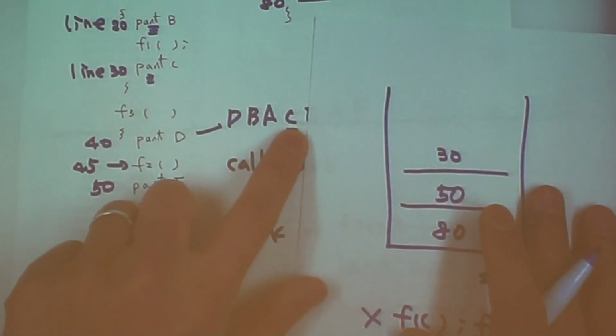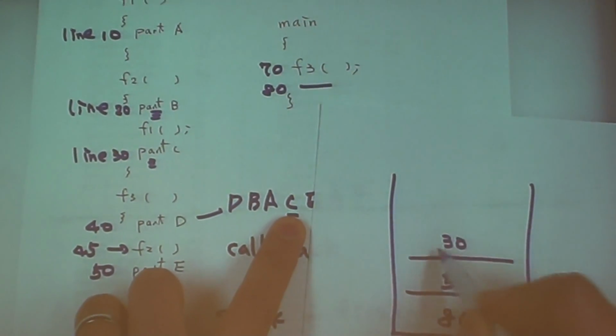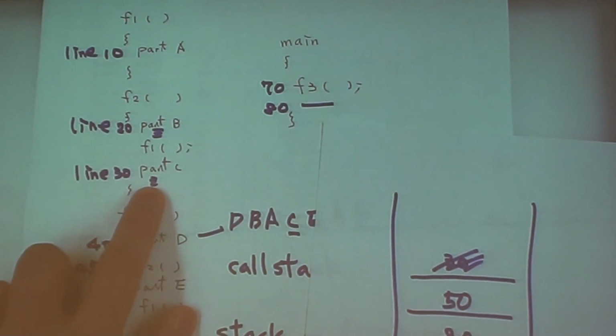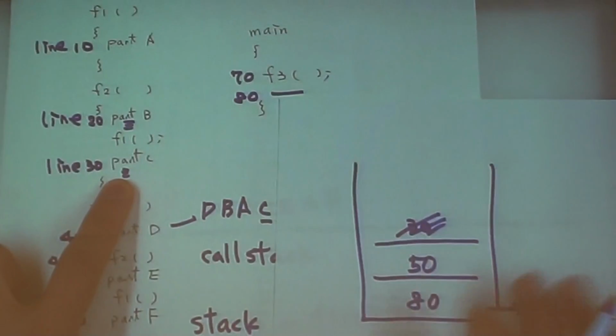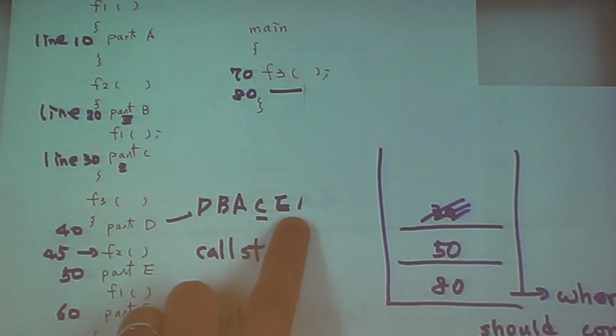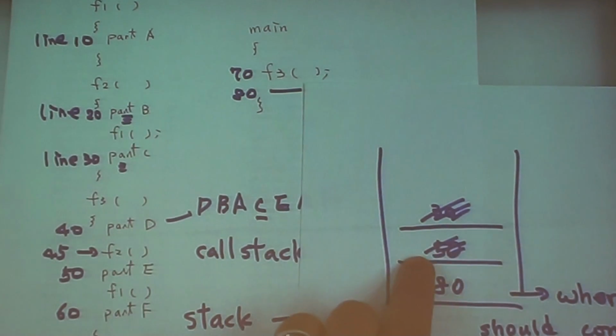So you will execute C. And this one is popped. After C, function F2 finishes, you look at the call stack, it says 50, I go to 50, so the program will execute E. And since F2 finishes, this gets popped.